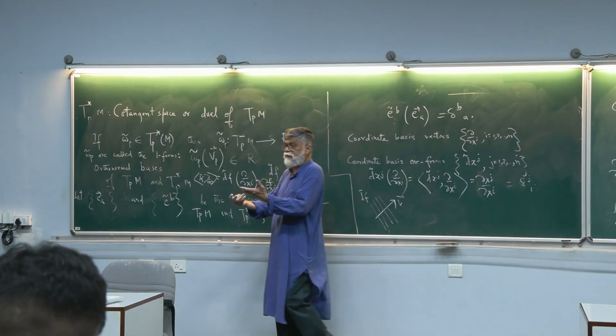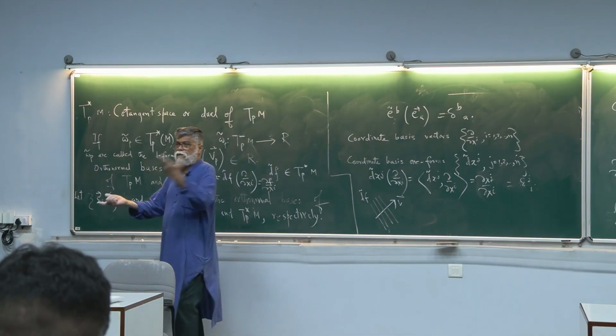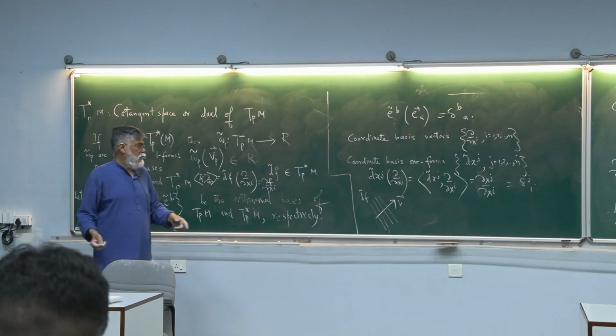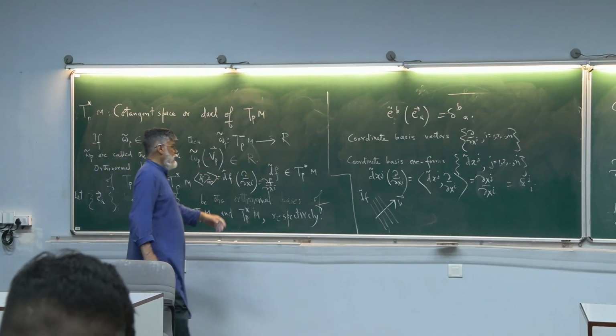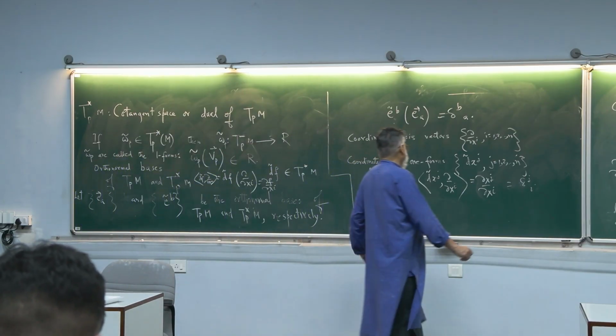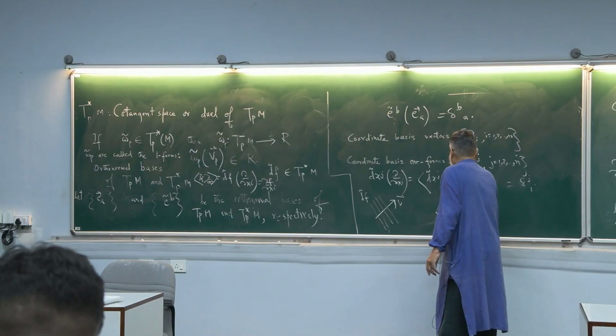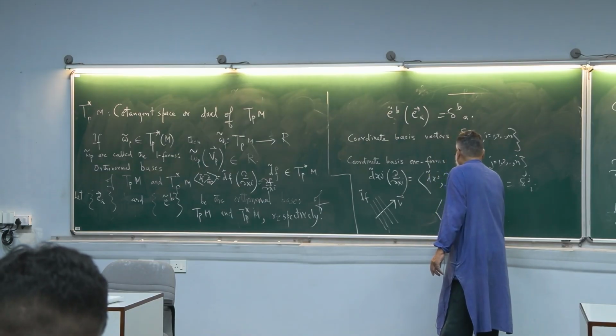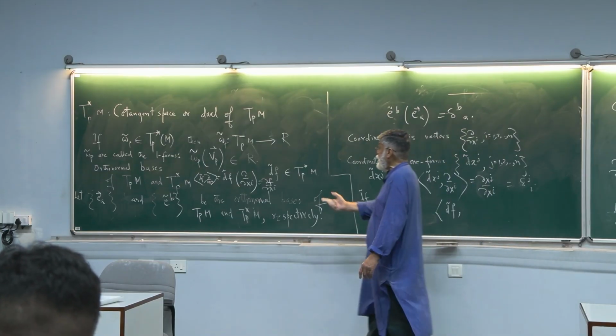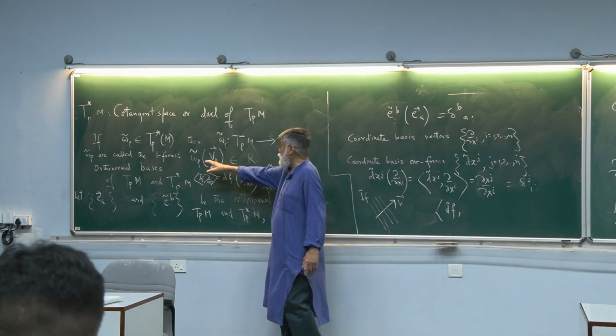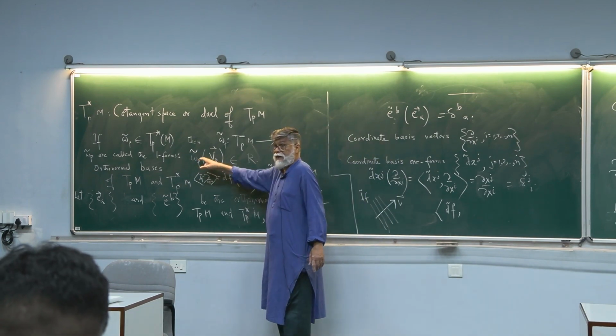Or if it's an arbitrary vector, you have to suitably, so, okay. So, let us talk about arbitrary vectors. I should have mentioned some of the properties. This is a linear action.